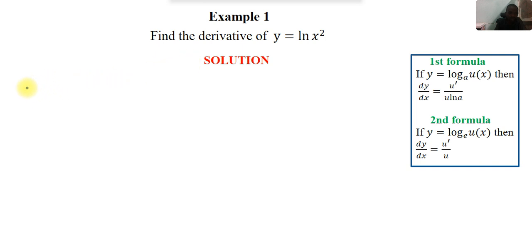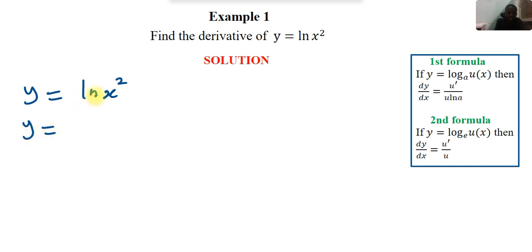So we have y equals ln x raised to the power 2. Okay, now it appears as if we don't have anything that is relating to this question in that formula, but I will rewrite this in another form so that you can see clearly.